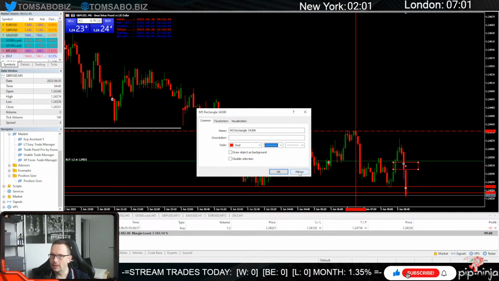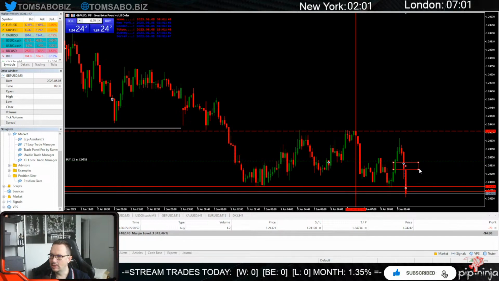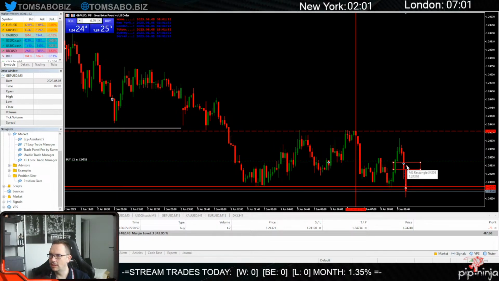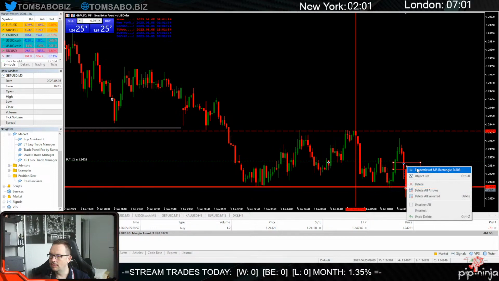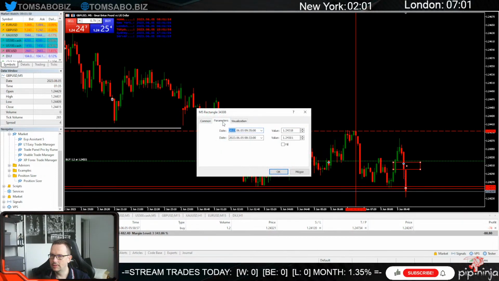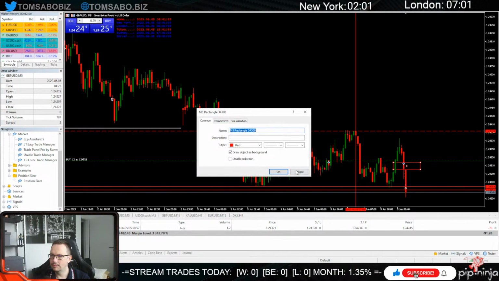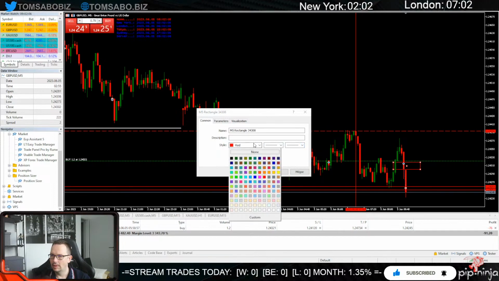Okay, never mind. This rectangle should have been the fair value gap, or it should represent the fair value gap right there. Why is it not colored? Damn. A little bit crazy, right?